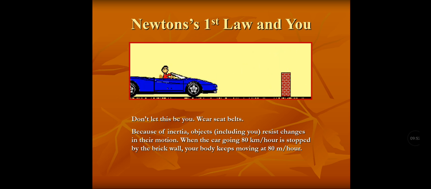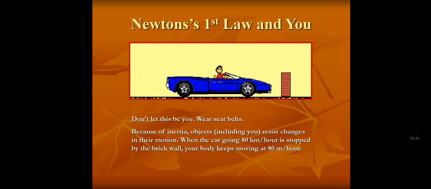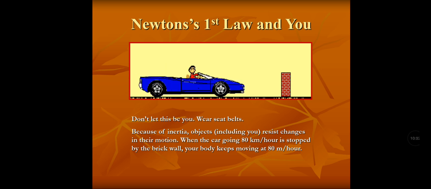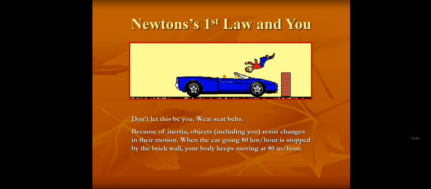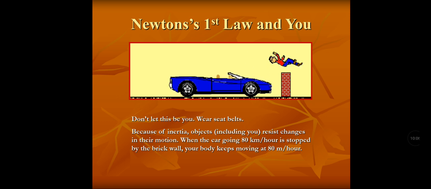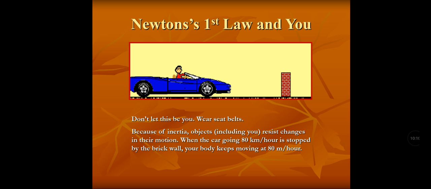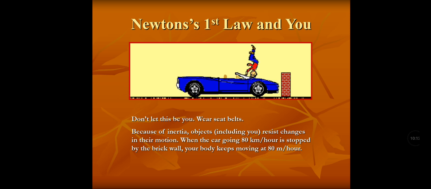This is because of inertia. When a car strikes the wall at this speed, the car will stop, but your body will not stop. Why? Because your body is in motion with the car, so you will fall out of the car.